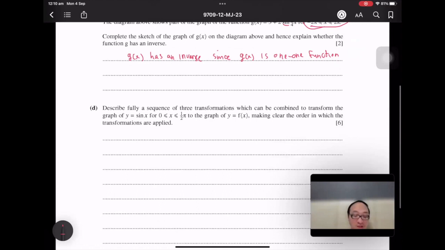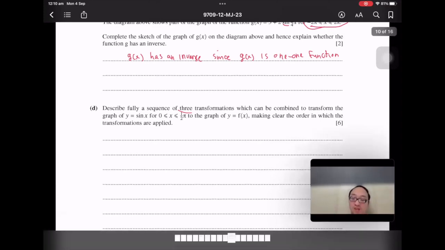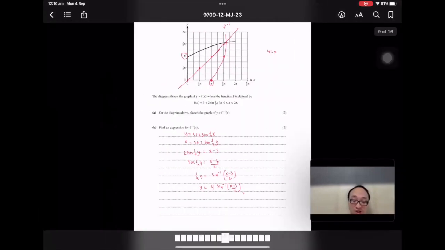Describe fully a sequence of 3 transformations which can be combined to transform y equals sine x to the graph of f(x), making clear the order in which the transformations are applied. So this equals the first figure, yeah?